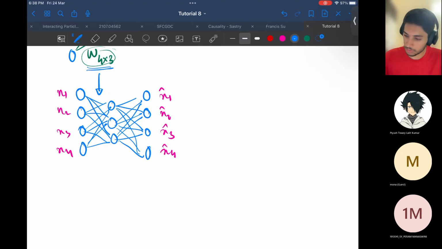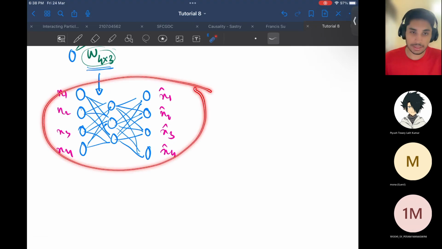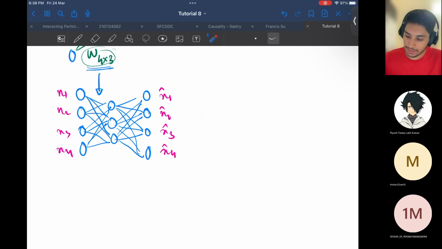So I hope you will agree that this has the structure of an autoencoder. Train this autoencoder. What does training an autoencoder mean? It means minimize this loss. Let's say this is x, this is x hat. Minimize the L2 norm of x minus x hat, squared.